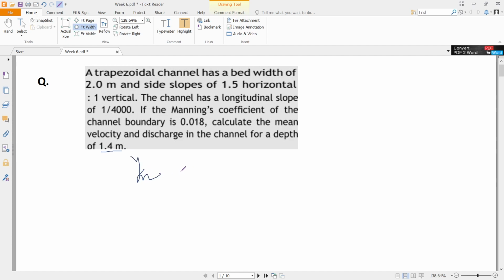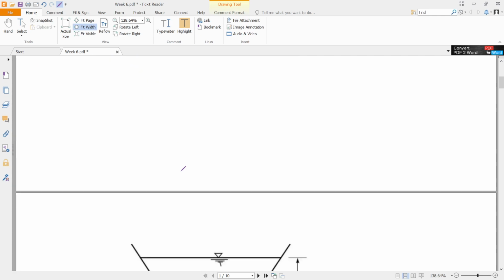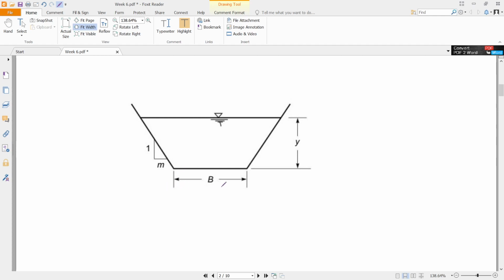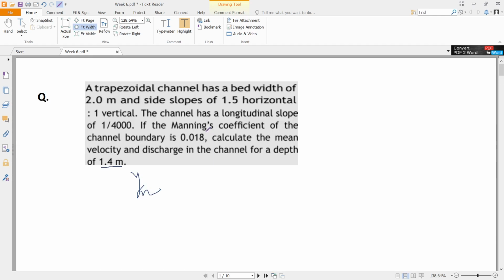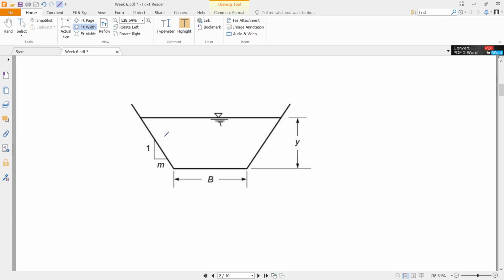Okay, so this is the problem. For solving this type of problem, it is always advisable to first draw the problem figure. So this is the problem figure. This b is the bed width, the width of the channel bed, the value of which is 2 meter, and this is the side slope.